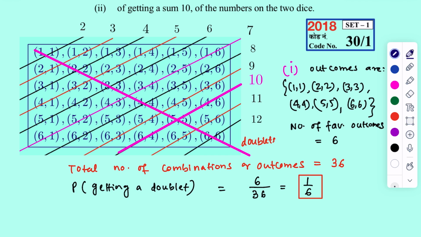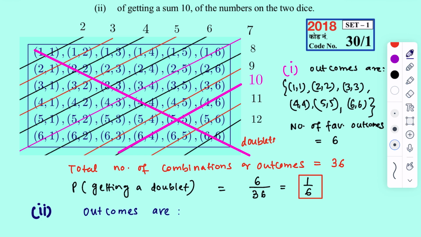And for the second case, first you write the outcomes. Which are the outcomes? Outcomes are 6 4, 5 5 and 4 6.